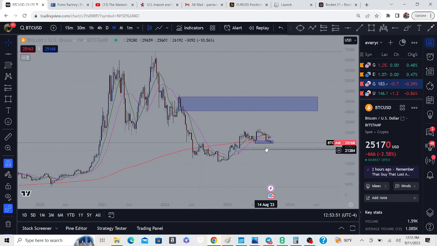If price initially respects that 29,000 first, breaks past through it, we can easily see this target of 40,500, right?